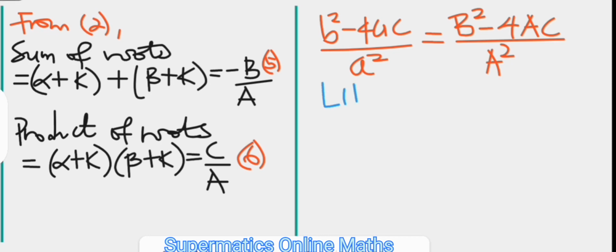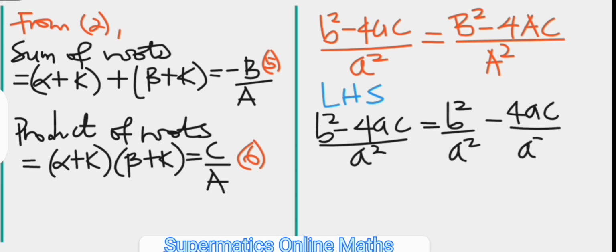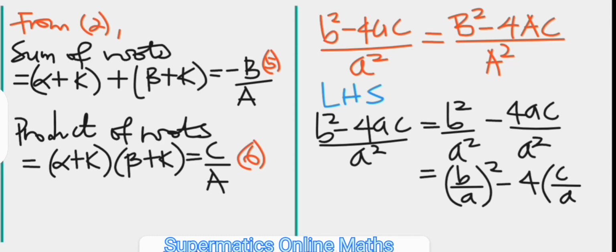Starting with the left hand side, we have that b squared minus 4ac over a squared is going to be b squared over a squared minus 4ac over a squared. And this can be written as b over a all squared minus 4 times c over a.